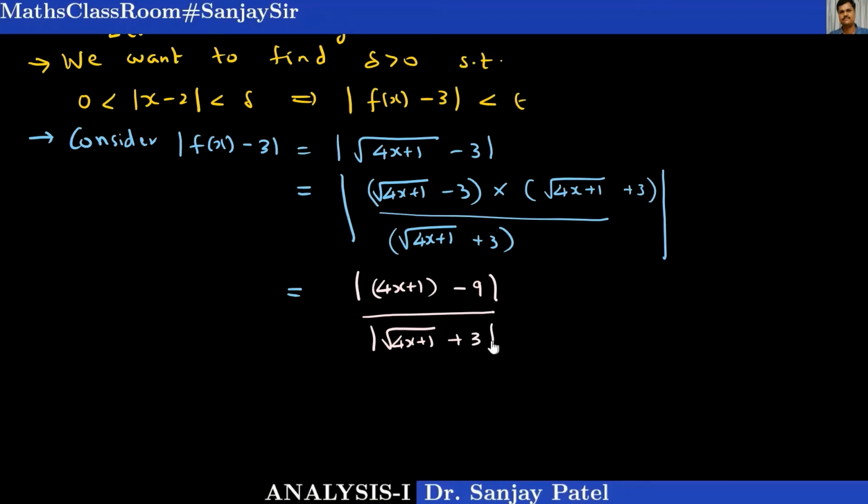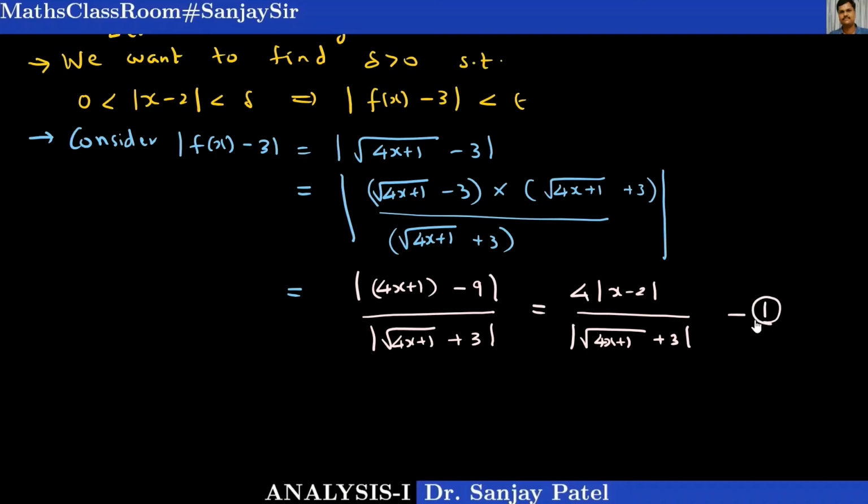If you simplify it is 4x minus 8, and if I take 4 common, it is 4 times x minus 2. So note that we are getting that x minus 2 over here. But the other problem is we are again getting a denominator in this expression, but there is no other simple way. So let me write this as result number 1.